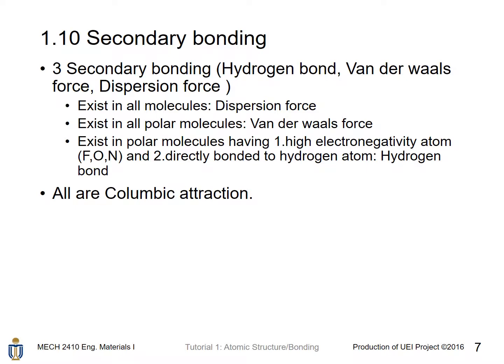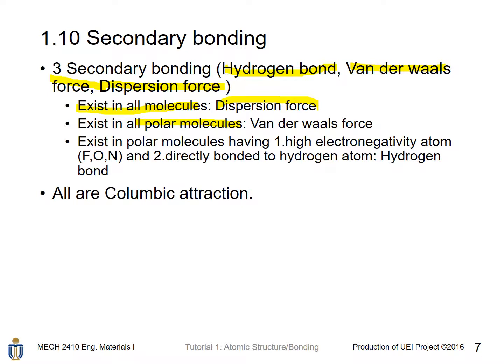Secondary bondings. Secondary bondings consist of hydrogen bonds, Van der Waals forces, and dispersion forces. Dispersion force exists in all molecules. Van der Waals force will also exist in polar molecules.